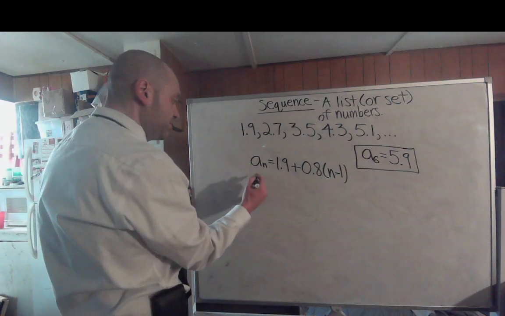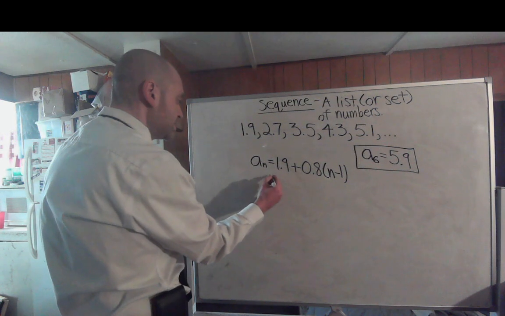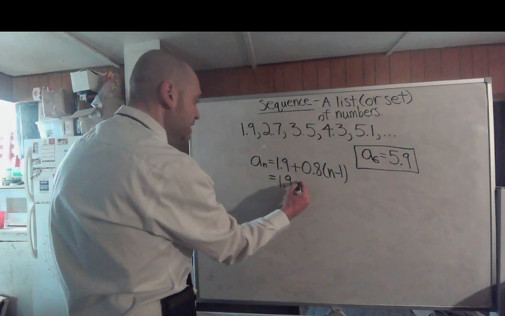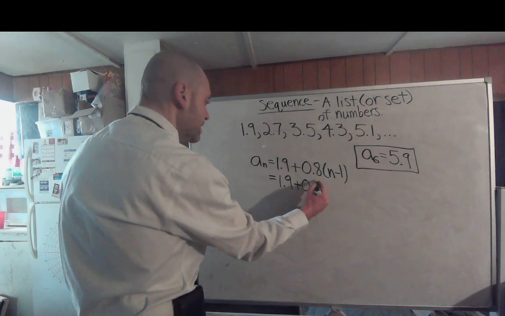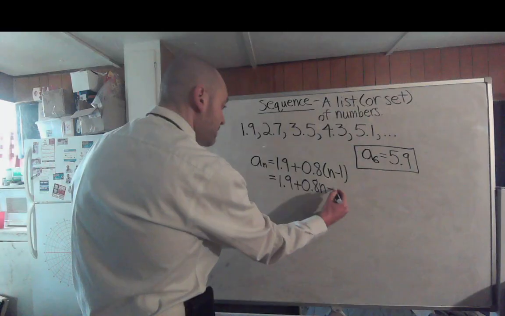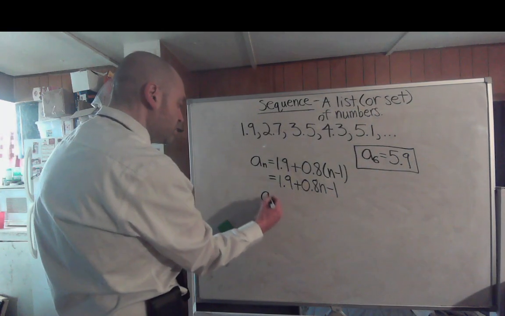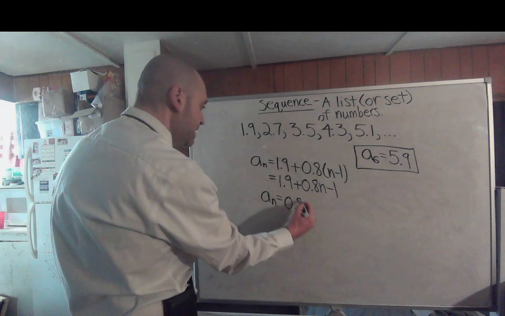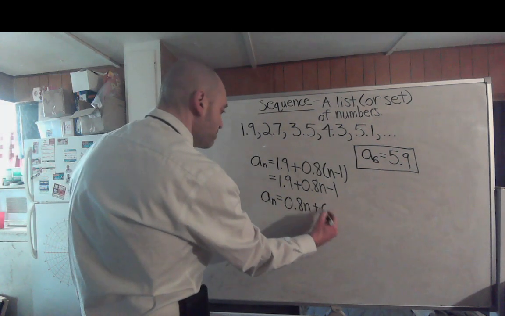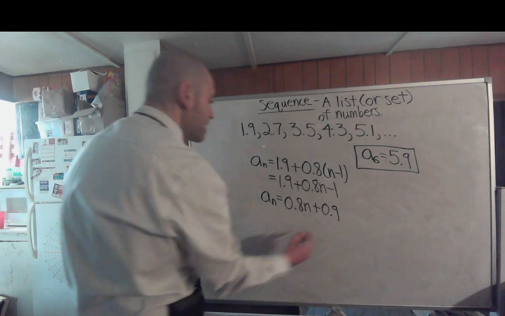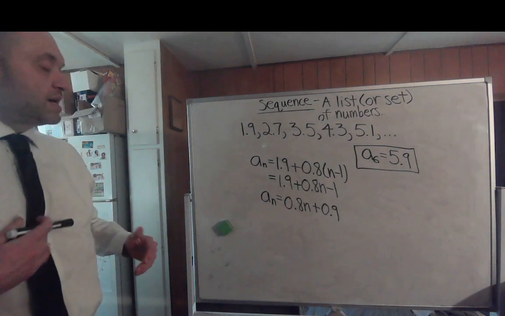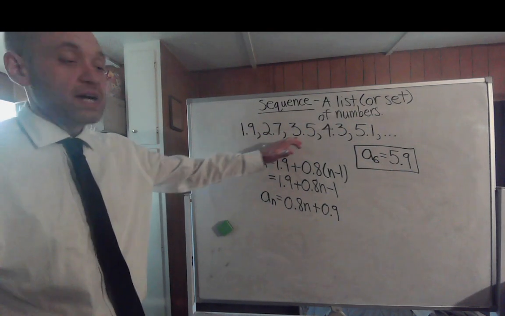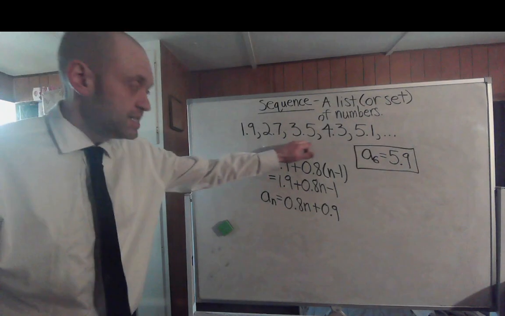But we can simplify this formula a little bit. If we distribute that 0.8, you'll get 1.9 plus 0.8n minus 0.8, which actually means a sub n would equal 0.8n plus 1.1. But always start with your first number if there's a common difference between them.